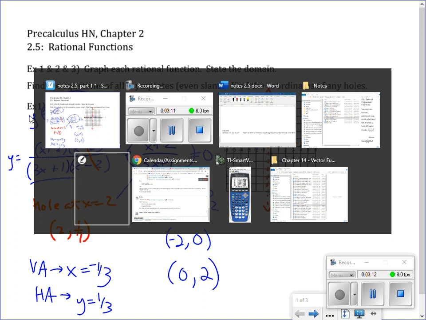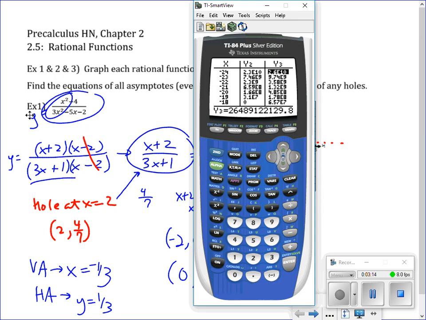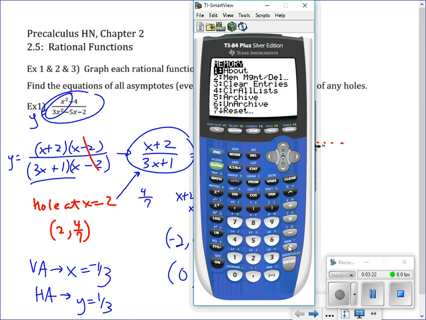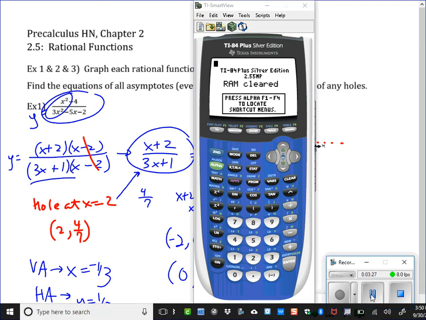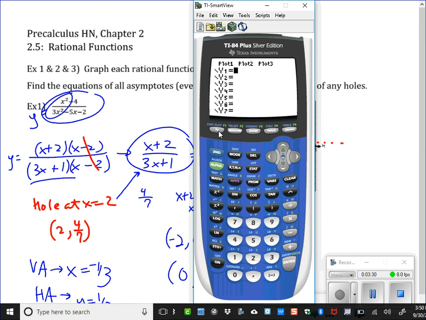All right, so then it's time to go to your calculator and type that in. Now you always want to type in the very original problem. All right, sorry, I thought I pressed pause there.